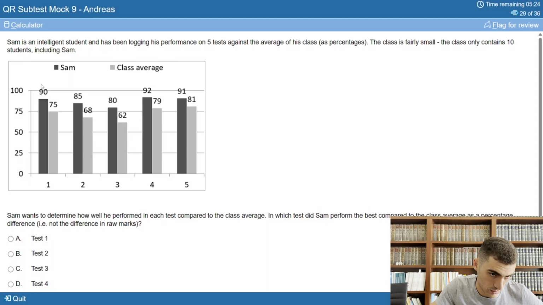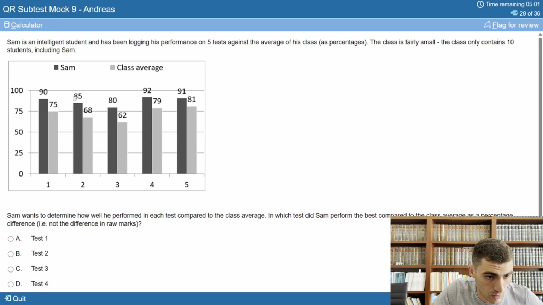Okay, so I'm going to be dividing the black with the gray, and the greatest value I'm getting is the answer. So here 90 over 75, so 90 is 6 times 15, and 75 is 5 times 15, so 6 over 5.